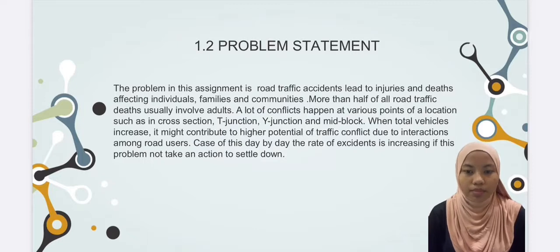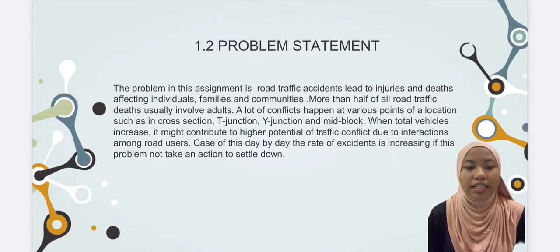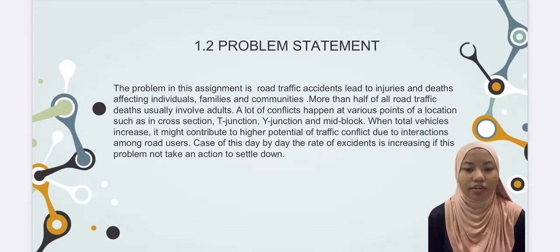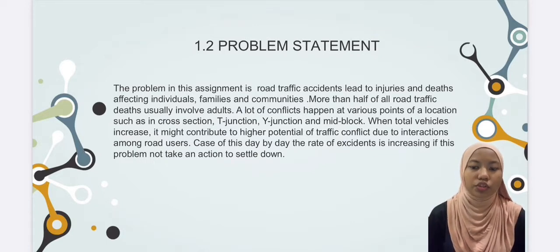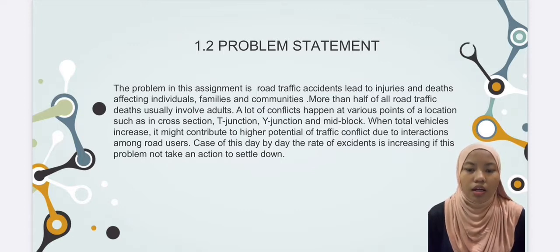Next is the problem statement. The problem in this assignment is that road traffic accidents lead to injuries and deaths, affecting individuals, families, and communities. A lot of the traffic accidents happen at various points of location, such as the cross section, T-junction, Y-junction, and mid block.